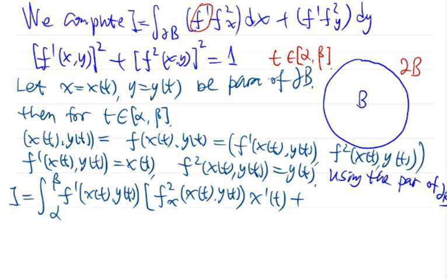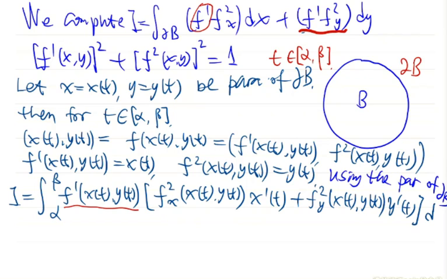Then plus, here f1 f2y, we take the common term f1 outside everything. Therefore, we only need to write f2y, which is f2y at (x(t), y(t)). Then dy is y prime dt. So what is this?